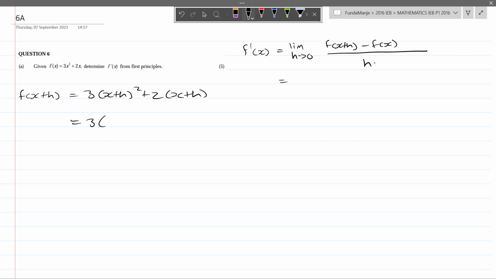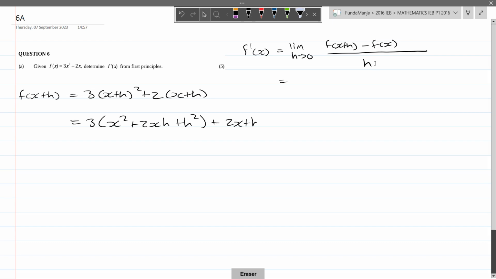So this will be 3, and multiplying this out will be x squared, plus 2xh, and then multiplying the last one gives h squared, plus 2x plus 2h from that bracket.